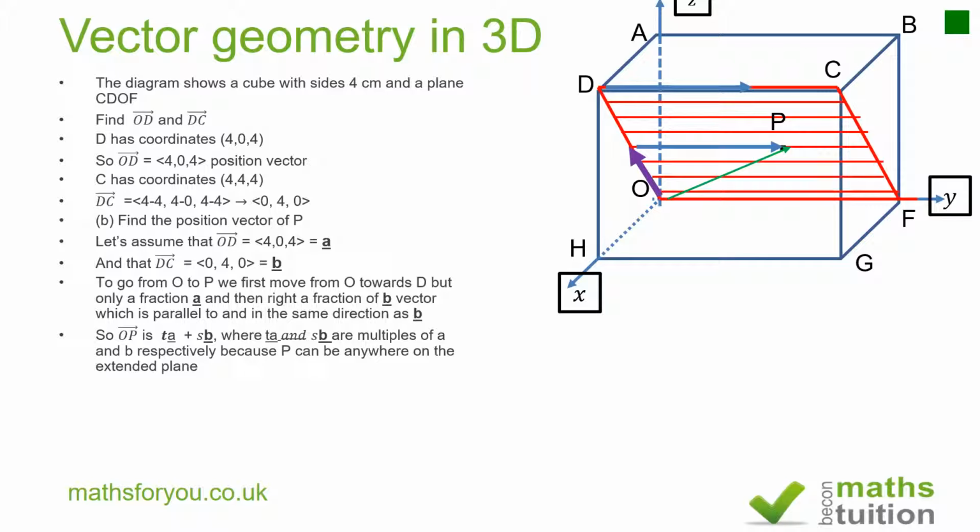So to go from O to P, we have to go via a fraction of OD and then a fraction of DC.